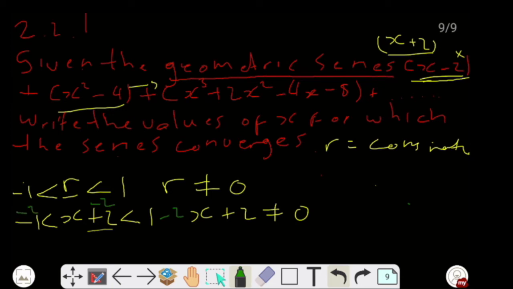It's minus 2, right? Meaning I'm left with minus 2 plus 2. I've got rid of the plus 2, meaning I'm left with x should be greater than negative 1 minus 2, which is negative 3, right?